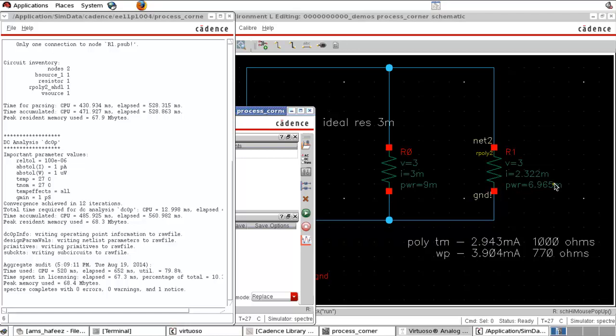So you can find the resistance value by dividing 3 by 2.322. That gives a value of 1.29. So this is the worst speed corner, that means maximum resistance corner. So we can write that also into our table.